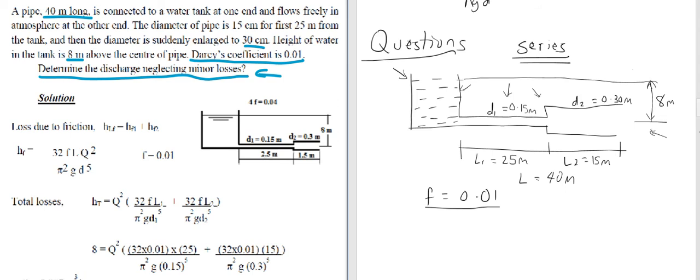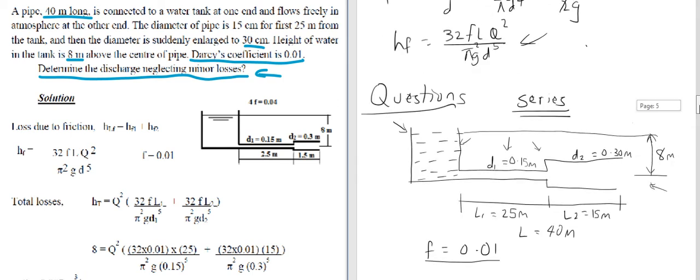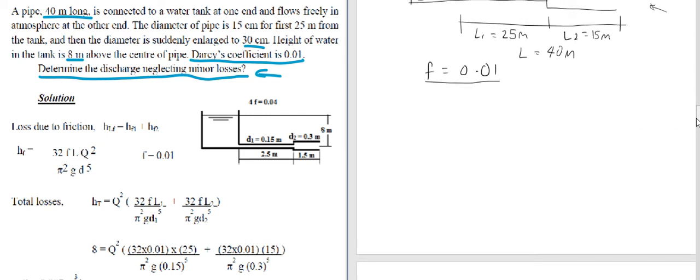Therefore, we are going to add. So that means that the total head loss HL will be equal to HF1 plus HF2. That's the friction loss in pipe 1 and friction loss in pipe 2.